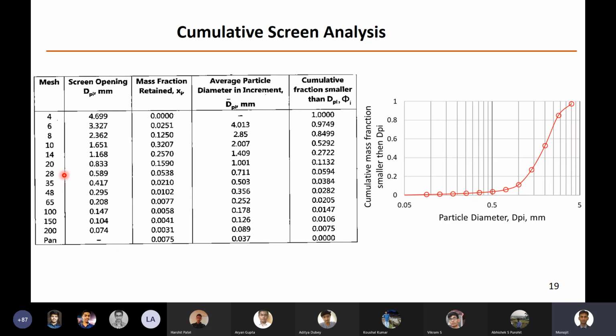So from the experiment, you will get this mesh number because you have this stack of screens, and as you know the screens, you know the mesh number also. The corresponding opening you will get from the table supplied by the manufacturer of the screen. The mass fraction retained on the specific screen is what you will get from the experiment. After performing the experiment, once you disassemble all the screens, you will find some particles retained on each specific screen.